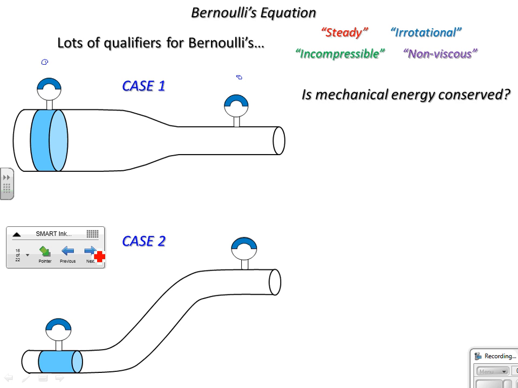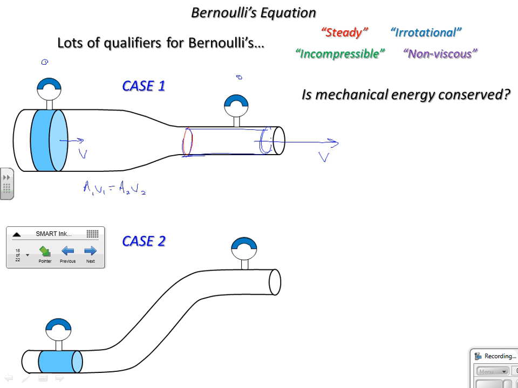Well, here's what happens. We know from our look at continuity that in case one, as this fluid enters this constriction, we're going to move to something more like this. There's that same volume of fluid. Here it has a speed v, and there it has a faster speed v, because we know that A1 V1 equals A2 V2.